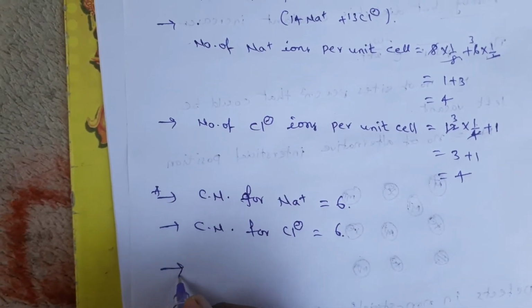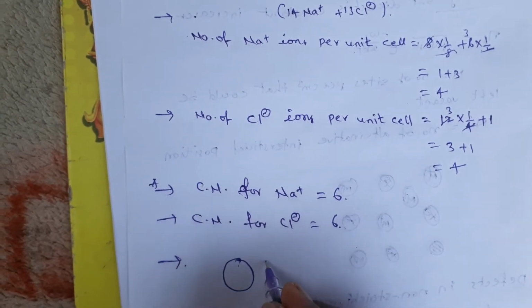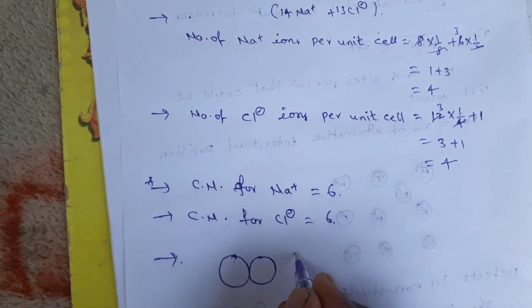So next thing is relationship between the edge length and radius of the sphere.